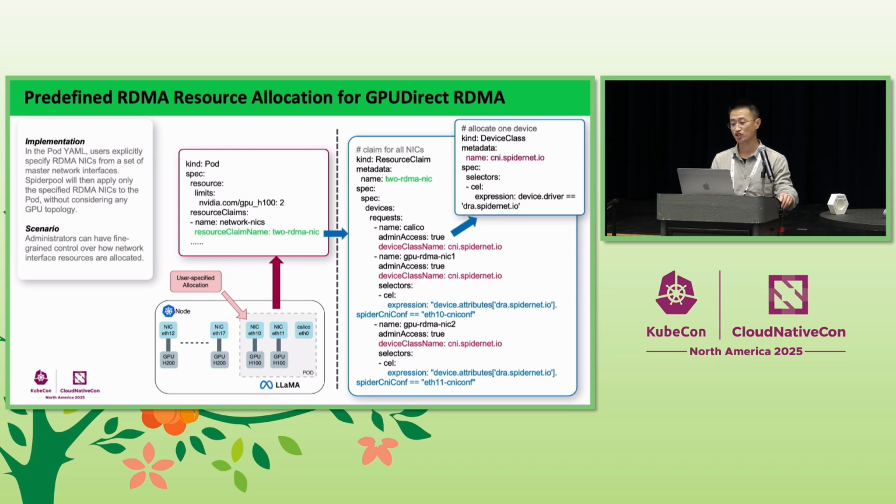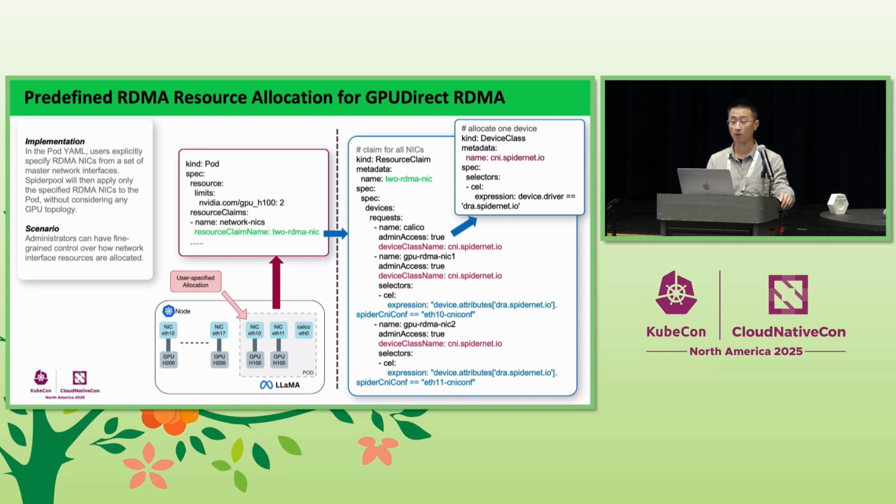This slide demonstrates one approach provided by Spiderpool called predefined RDMA resource allocation. In advance, a resource claim template can be created to define how interfaces should be assigned from a set of master network interfaces.